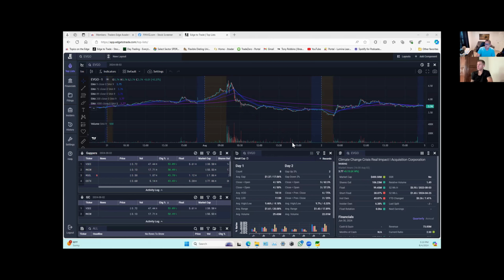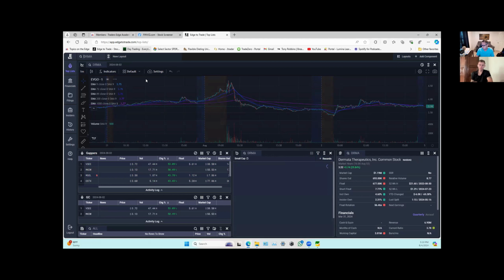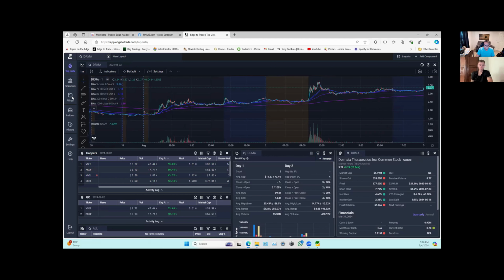And there was a couple other ones, like I think it's DRMA is another one. Once again, once you start learning this kind of stuff, this is a clear indication. Yeah, this gapped up. Yes, you could have traded this, but would I trade this? Fuck no. Why? It doesn't even have a million shares float.